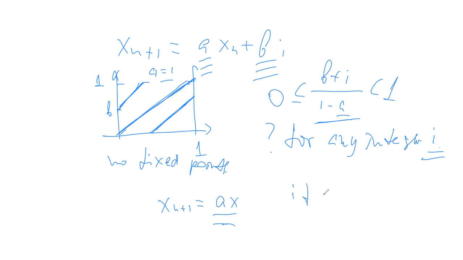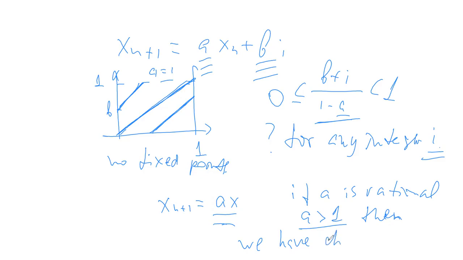If A is rational and, say, A is more than 1 (if A is less than 1, we have convergence to 0, so it's not interesting), then we will have chaos if X naught is irrational.